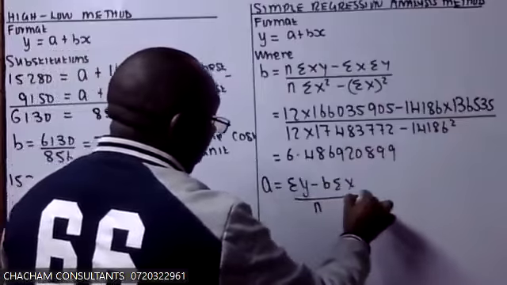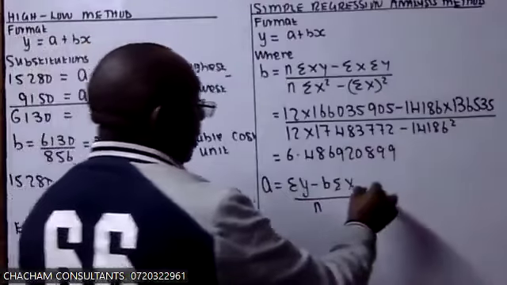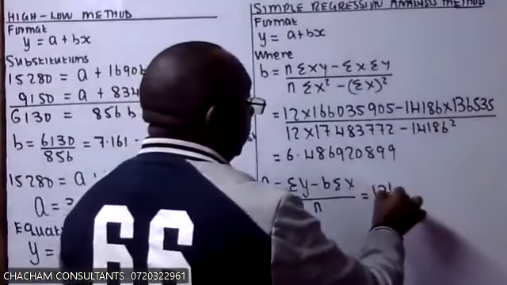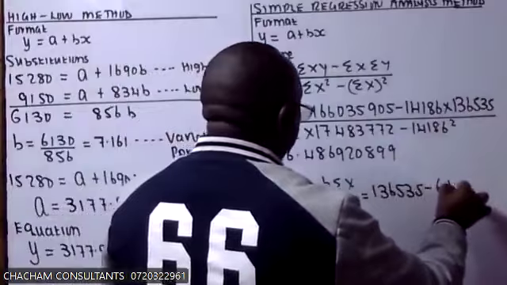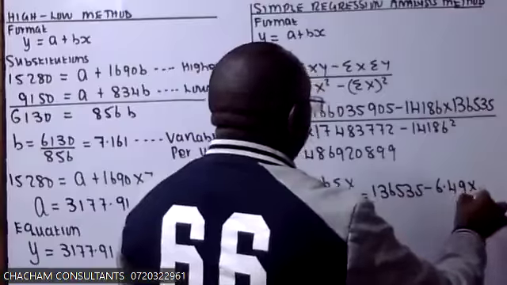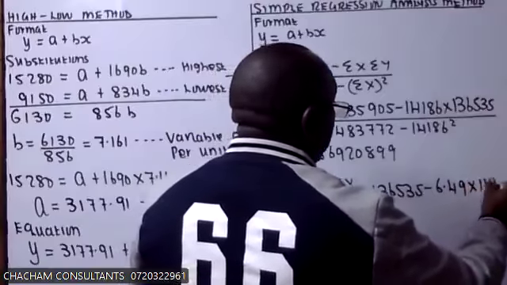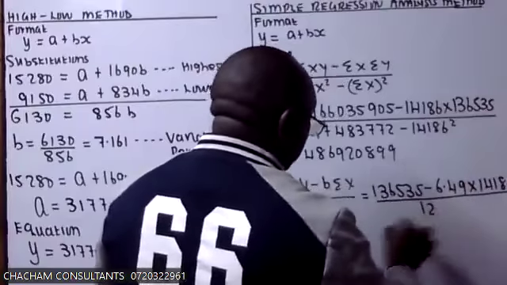A is given as the sum of y minus B times the sum of x, you divide by n. So the sum of y is 136,535 minus 6.49 times 14,186. You divide by 12.